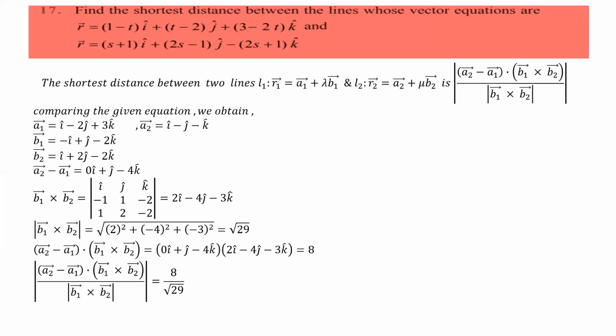Nothing is very difficult, just compare the formula and the given equations, and find the distance between them. So hence, write down the answer. The shortest distance between these lines is 8 by root 29.